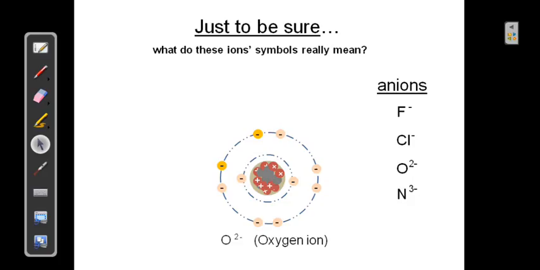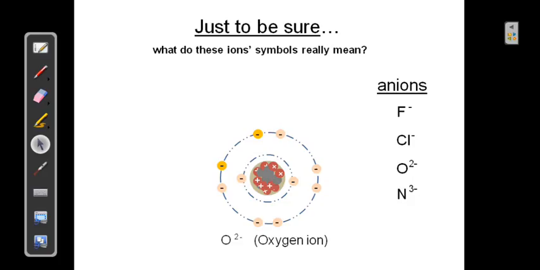Now oxygen has 10 electrons, but they still have 8 protons. So they have 2 protons less. That is the reason why we write O2 minus, 2 protons less.